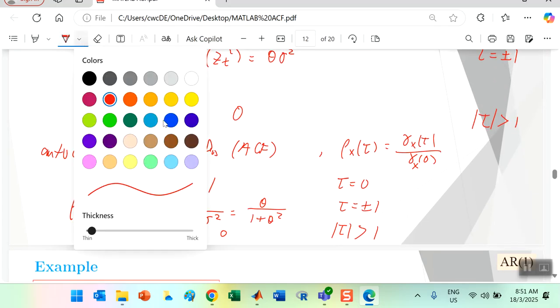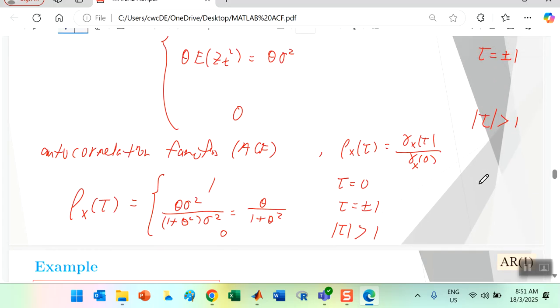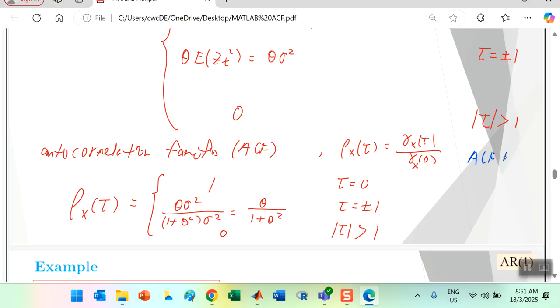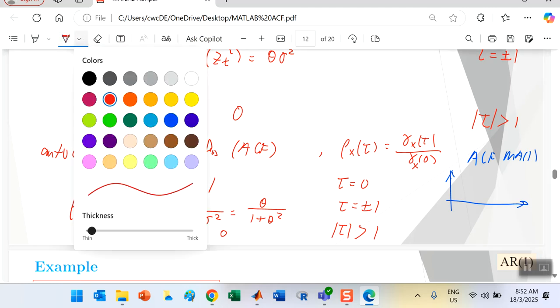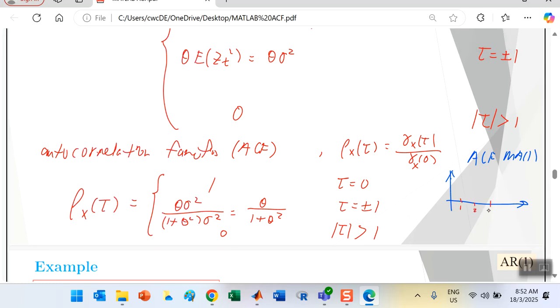For the MA1, after lag 1, lag 2, 3, 4, 5, 6 and so on, everything is 0, so you have only one non-zero term. Theoretically the other lags should be all 0, but in simulation you will most probably get non-zero values due to the random terms.